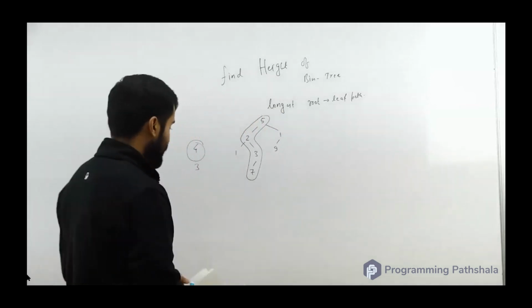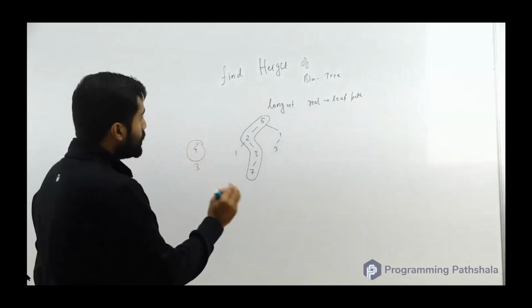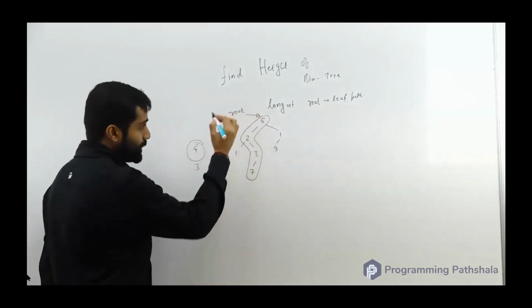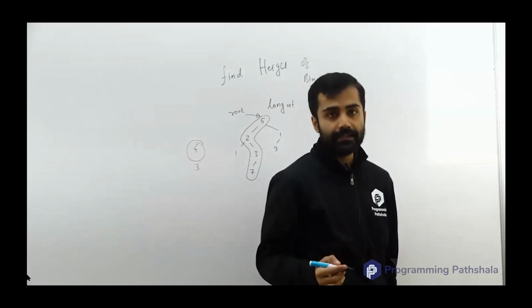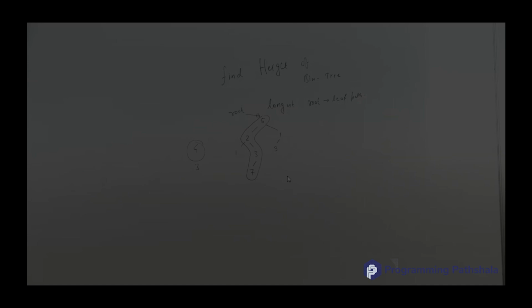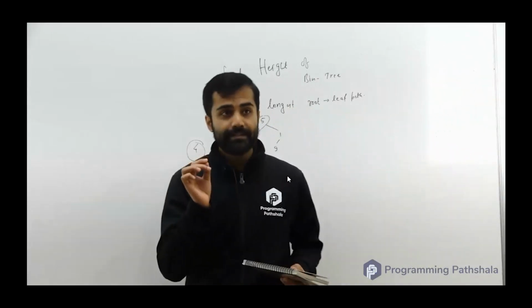Cool? Okay. Now, given the root of a binary tree, so let's say this is the root, you have to write a program that computes the height of the tree. So that is what we want to do. So what was the most important thing that I told you yesterday?